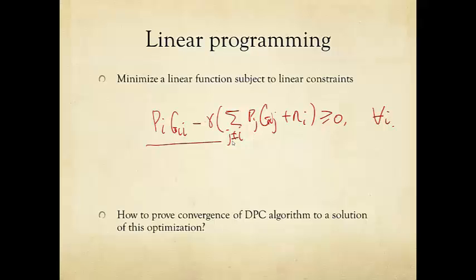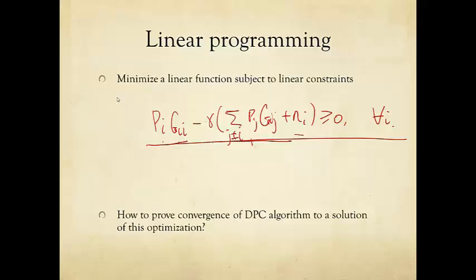What kind of function is this in our variable? Remember, G and N and gamma are constants. The only variable is p. Well, this is just some number multiplied by P_i. This is just some number multiplied by P_j, and this doesn't even depend on the p's. So this is actually an affine function, or we may say it's a linear function.